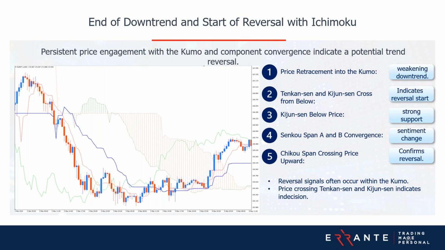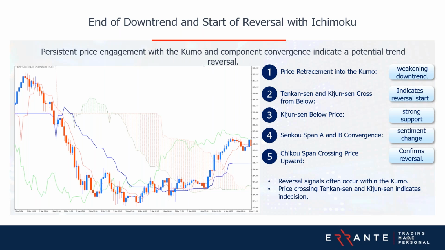However, it's really important to note that these signals often occur within the Kumo, where the market experiences indecision. And this is a dilemma because at the time all of this is happening, we don't know if it's just a pause during a downtrend or a reversal. So please don't get me wrong, okay?